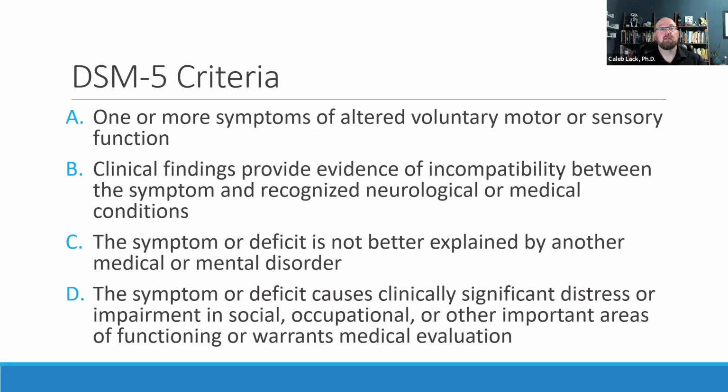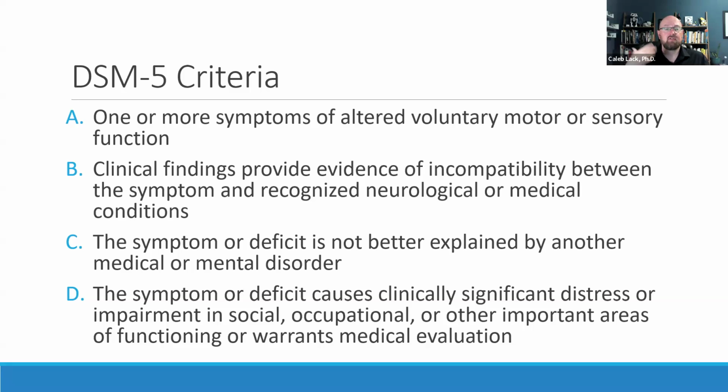So there's not an explanation from a medical model of why you are having these symptoms. And these symptoms are also not better explained by another medical or mental disorder, right? So we're having these symptoms of altered voluntary motor or sensory function with nothing that anybody else can find that should be able to explain that.